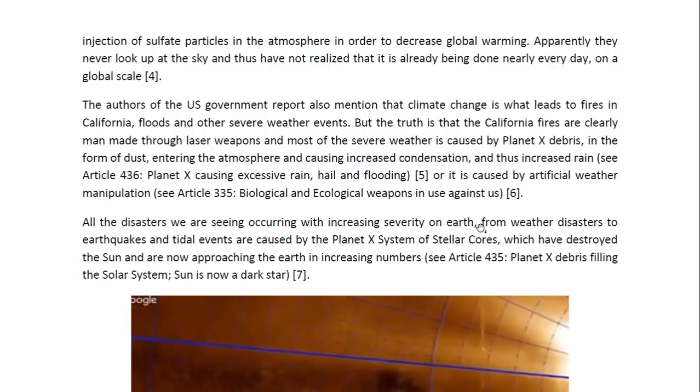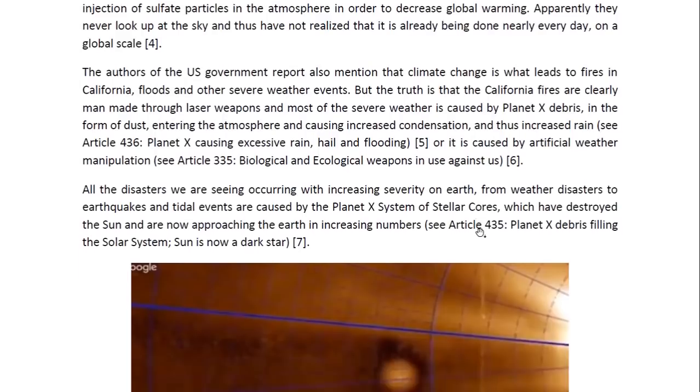And you may look at Article 436 entitled Planet X Causing Excessive Rain, Hail, and Flooding. Or it is caused by artificial weather manipulation. And you may look at Article 335 entitled Biological and Ecological Weapons in Use Against Us.